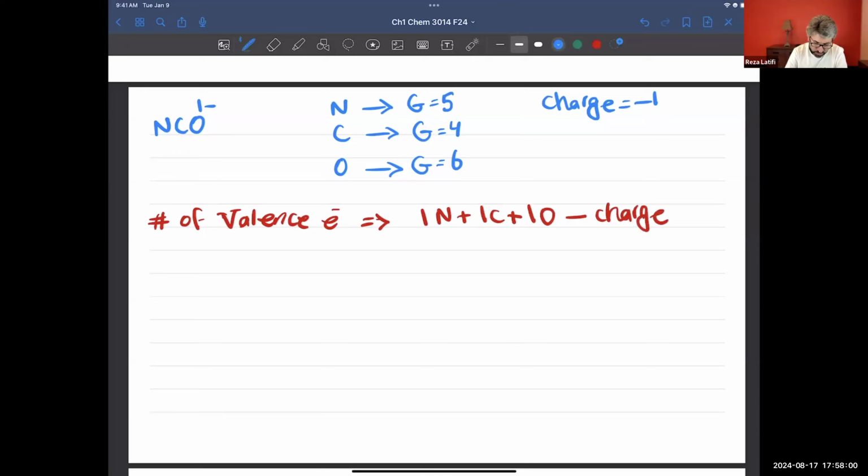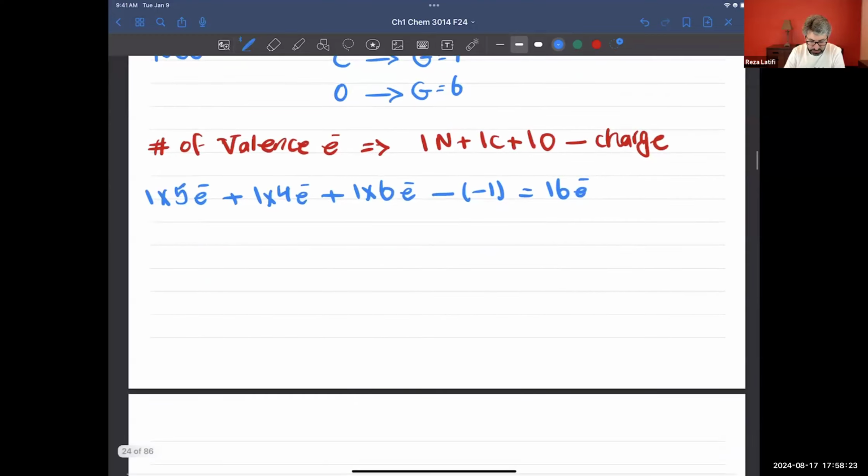So I go 1 multiply 5 electrons for nitrogen plus 4 for carbon plus 1 multiply 6 for oxygen minus the charge. And the charge is -1. So minus of -1. Okay. And that's going to give us 10 plus 6. It will be 16 electrons.